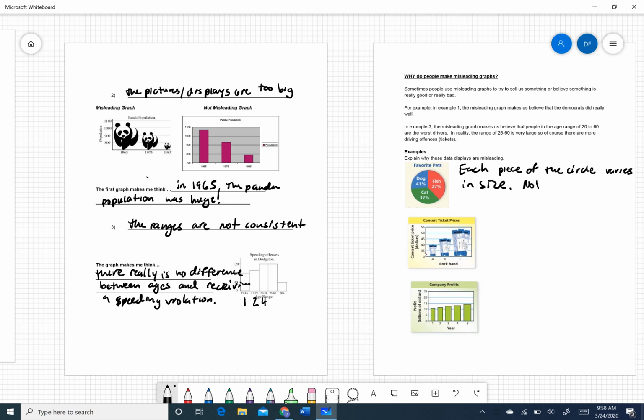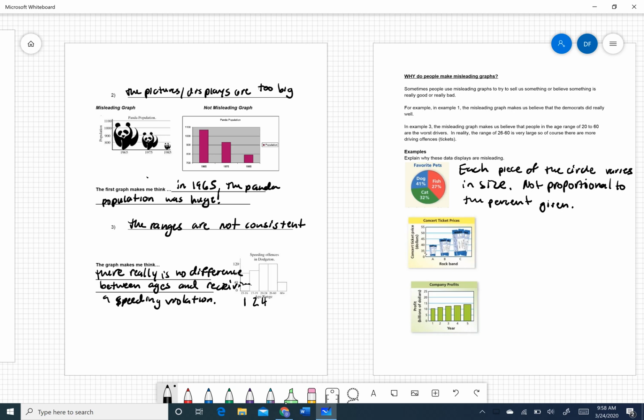It's not proportional to the percent given. And so that's why that would be misleading.